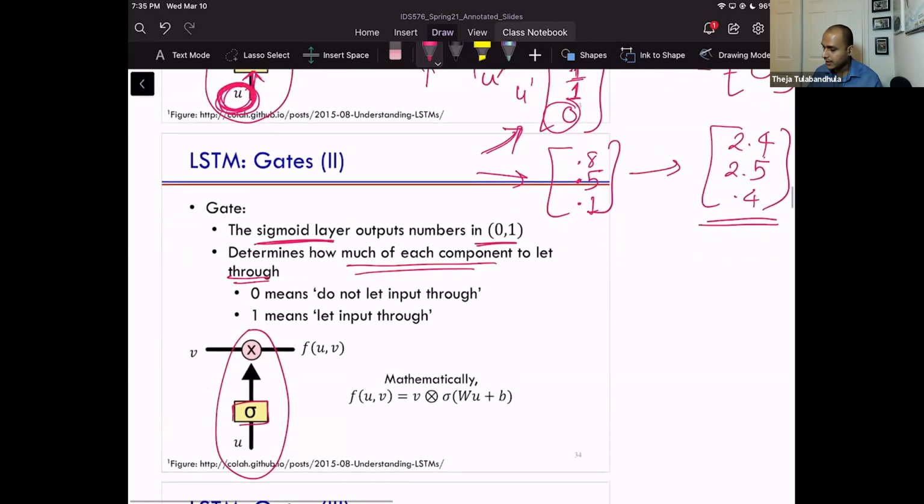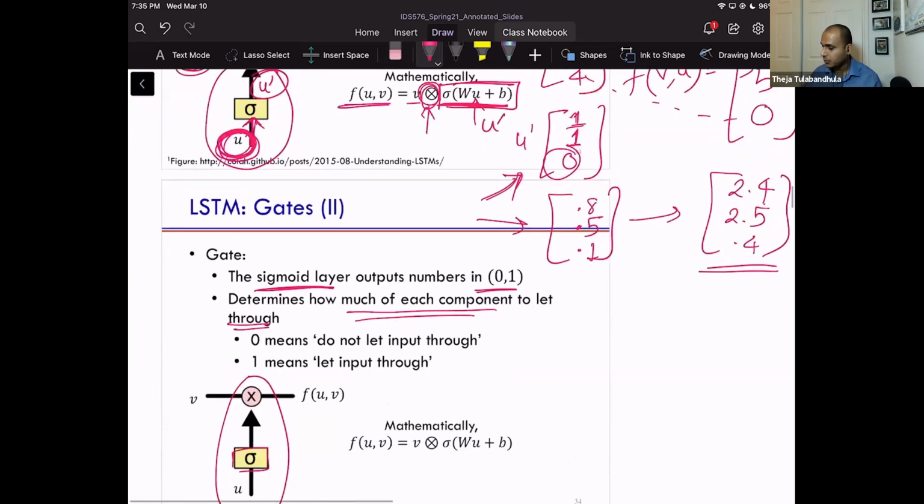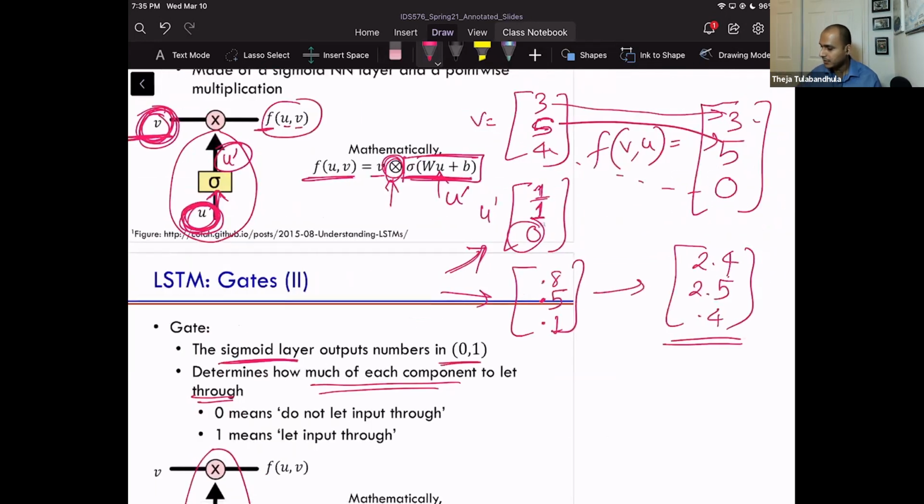So the V vector initially was 3, 5, and 4. If U prime is 1, 1, 0, then we leave the first two components as is and kill the third component. Kill as in make the third component 0. And similarly, if it's somewhere between 0 and 1, you may dampen the first two coordinate signal values. If you think of high magnitude as a strong signal, then it's just dampening things.